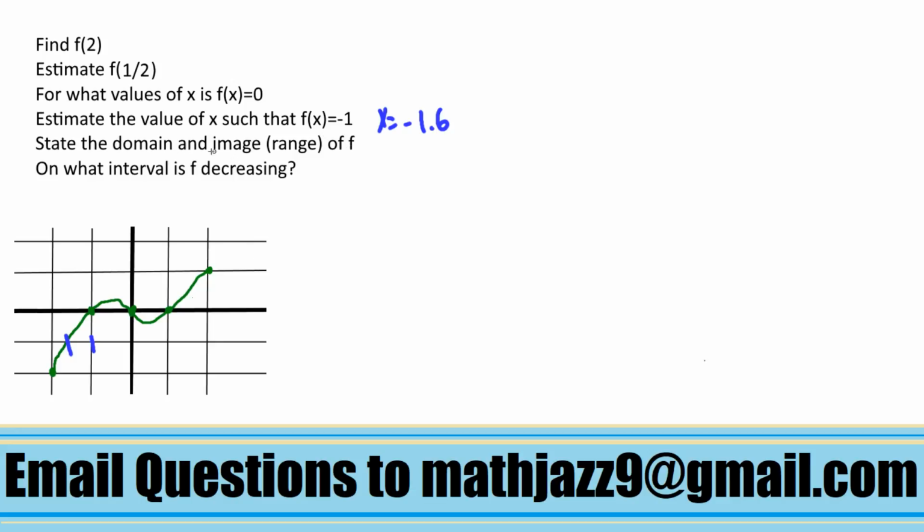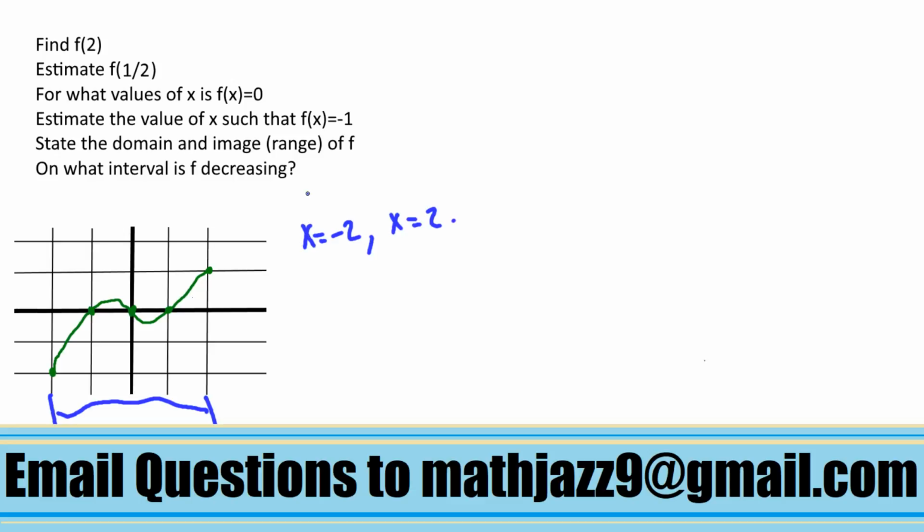Okay. So state the domain and range of f. Okay, so we have to recall what domain and range are. The domain are all valid inputs for our function. Our function is graphed over this horizontal region. This goes from x equals negative 2 all the way up to x equals positive 2.